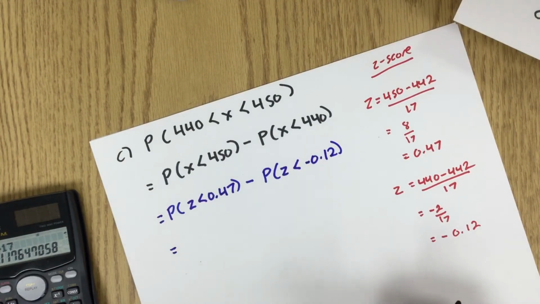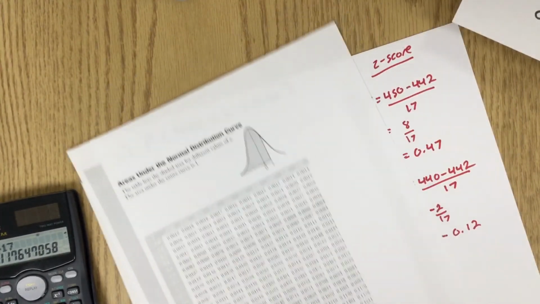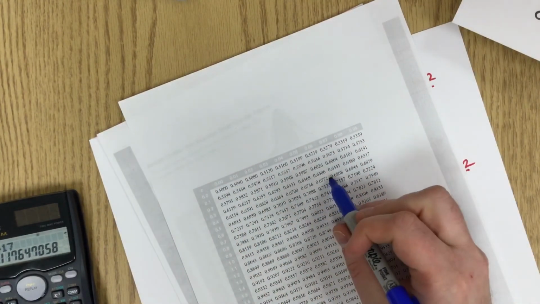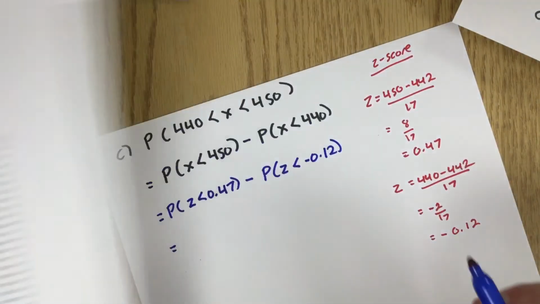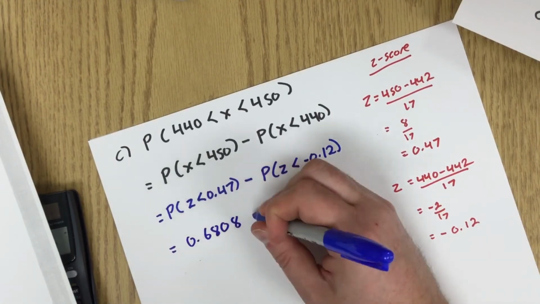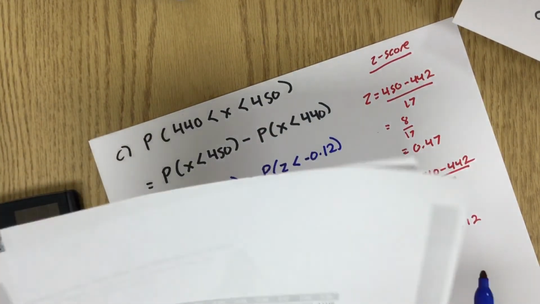And now we're going to have to look up some values on the table. So the probability of being less than 0.47 is 0.6808. It doesn't really matter if you do decimal or percentage as long as you're consistent about it.